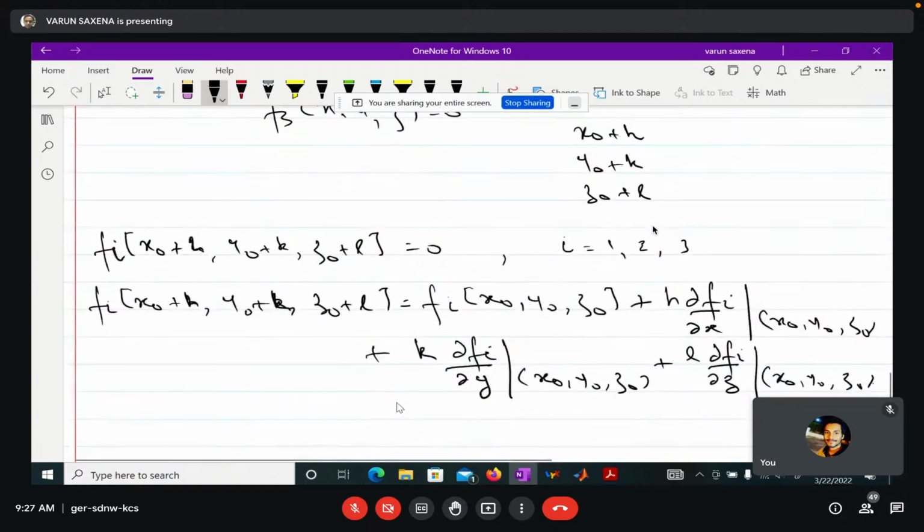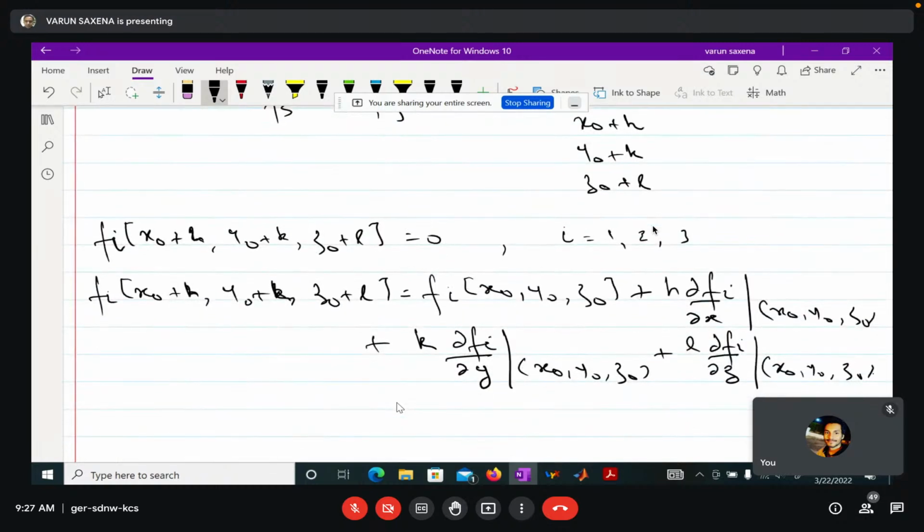Right? Similarly, you do all the others. So this is for i equal to 1, 2, and 3 because there are 3 functions.